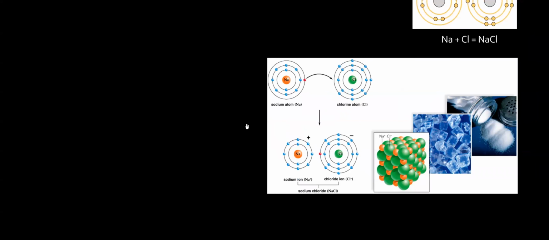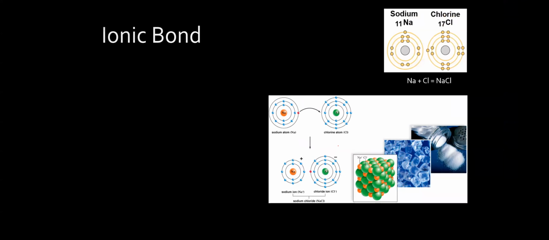Okay, so rule 1, fill the valence shell. Rule 2, deal with your charge later. And that's the basic gist of how we build more complex molecules. The key to why it's ionic and not covalent, not polar covalent, is when that electronegativity is dramatically different between the element pair, between sodium and chlorine in this case.